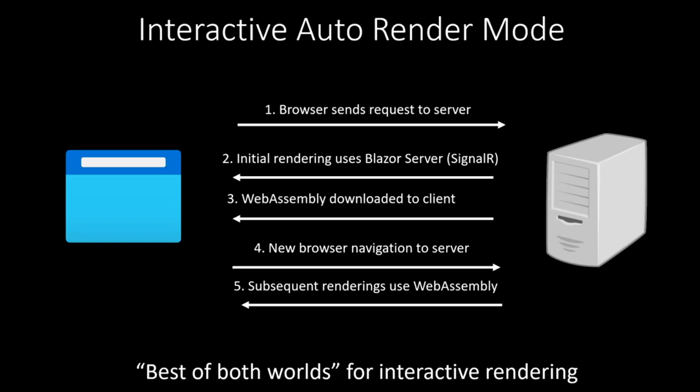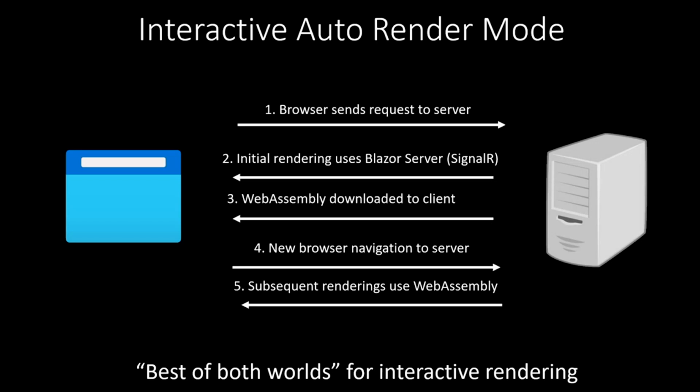Interactive auto mode was the new interactive render mode that was introduced as part of .NET 8. And in this mode, of course, a browser sends a request to the server. The server will initially respond by using a SignalR or WebSocket connection. So the traditional Blazor server model, which responds very quickly, renders content very fast.